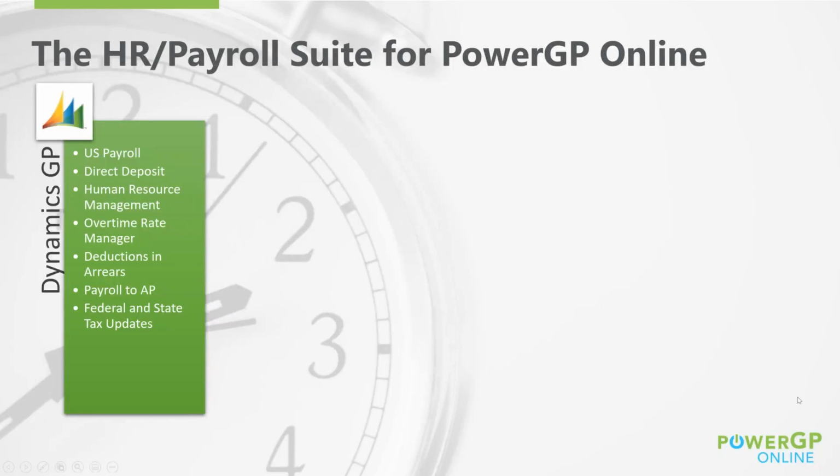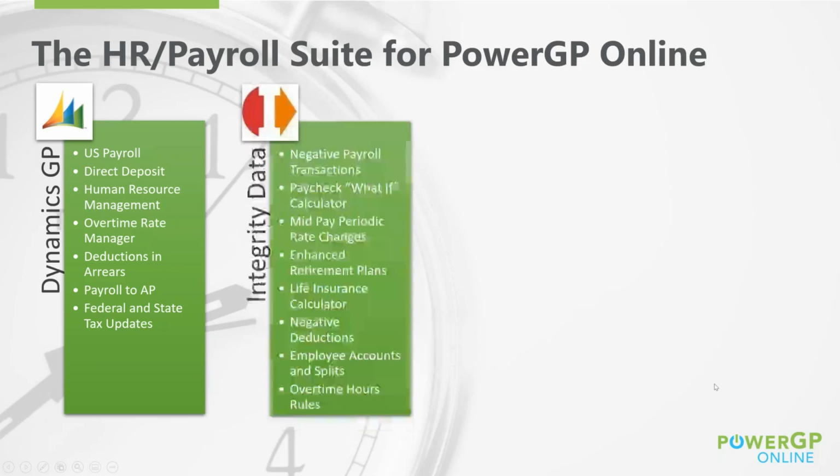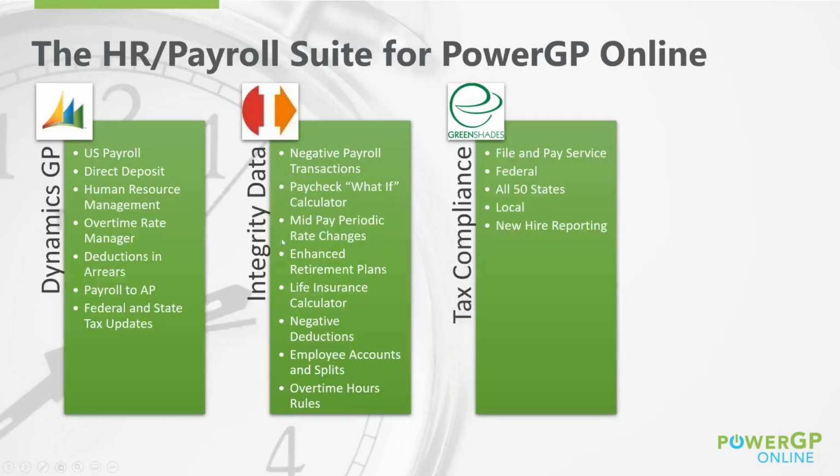So the next option, one of the things I want to talk about is we do have an additional HR payroll suite. And what we've done is it doesn't only include the Dynamics GP modules. Part of this is we've also bundled in some ISVs for you. We have bundled in some Integrity data products. So those of you that aren't familiar with Integrity, they're probably the largest payroll vendor outside of GreenShades, of course, but theirs are actually making changes inside of GP. So we've included a whole lot of those products as well.